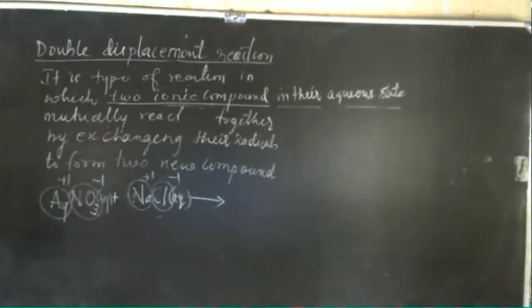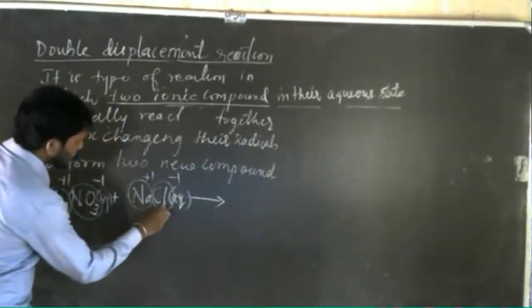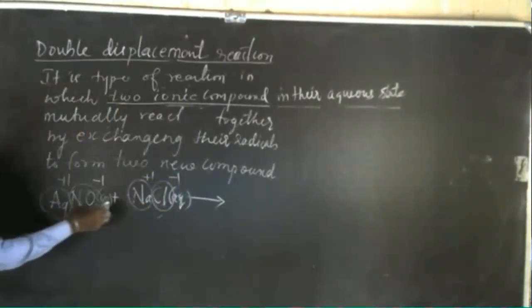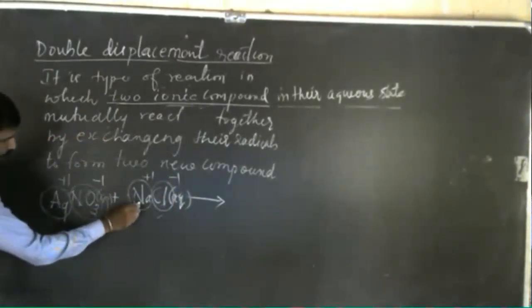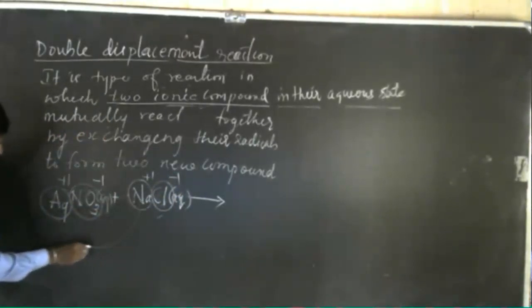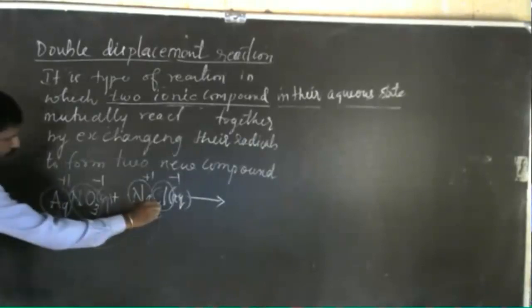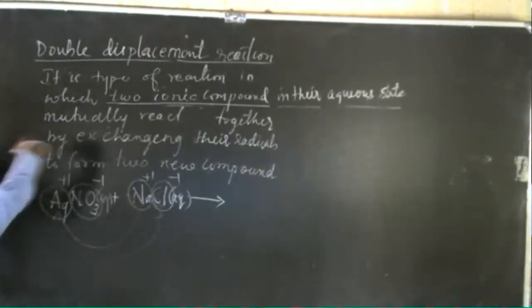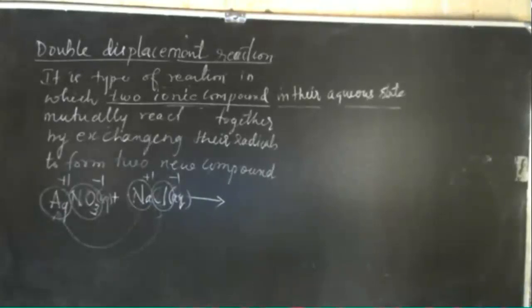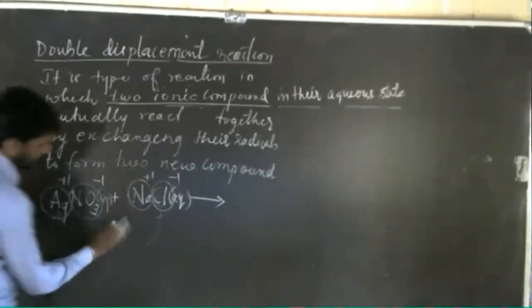Already you know this. Here, what happens? They mutually exchange the radicals. Sodium displaces Ag in AgNO3, so sodium will come over here. Cl will react with Ag and becomes AgCl.